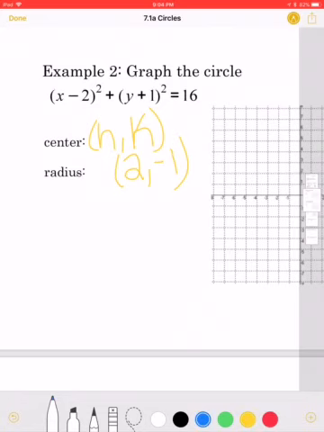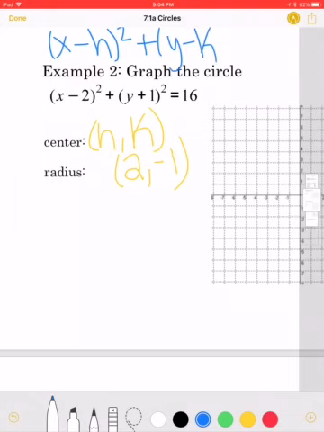Since our general equation is (x minus h) squared plus (y minus k) squared equals r squared, our h and k values will always be opposite of what is inside the parentheses here, because it's minus h and minus k, both minus here. So x minus 2 is x minus h, and we have a plus for the y plus 1 because y minus a negative 1. So you can remember these h, k values will always be opposite.